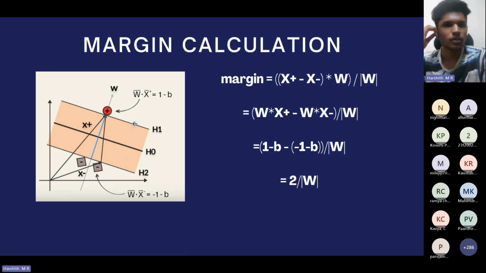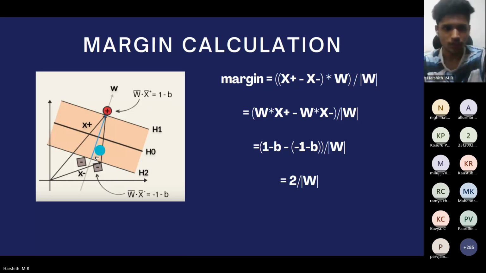As I told you, while determining the optimal line, we need to maximize the margin. So in order to maximize, first we'll calculate the margin. This is the margin, the distance between H1 and H2. We'll calculate it using vectors. X minus is the position vector for this point, and X plus is the position vector for this point. Note that these two points are support vectors, and this point is also a support vector.